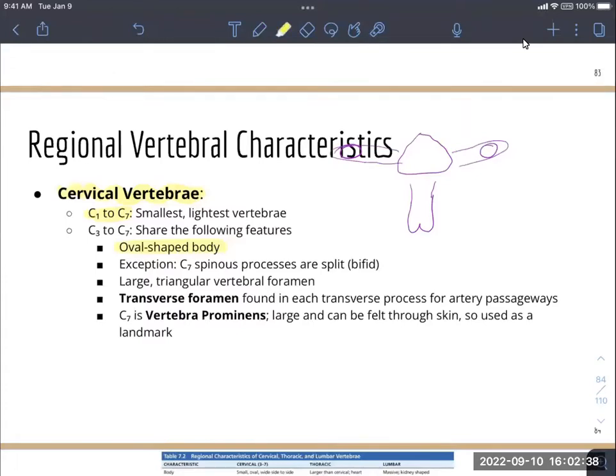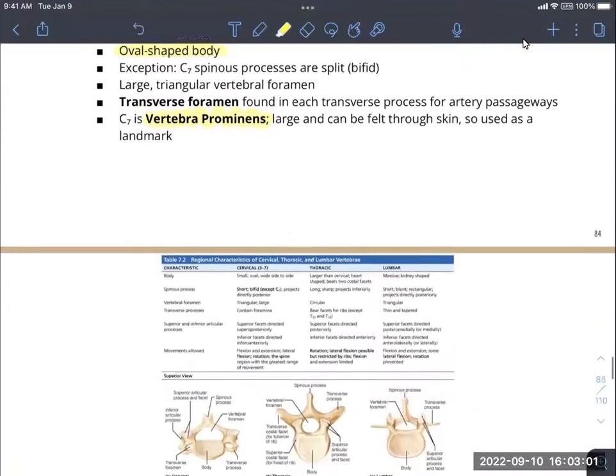C7 is actually known as vertebra prominens. Because if you feel the back of your neck, you can feel C7. It sticks out very far compared to the vertebra around it. That is why it's known as vertebra prominens, because you can feel it better than any of the vertebrae around it.